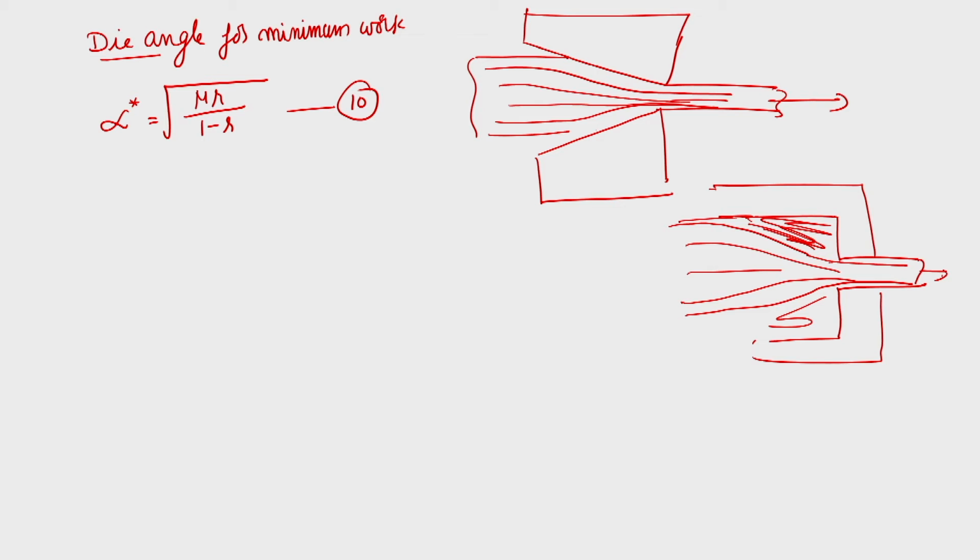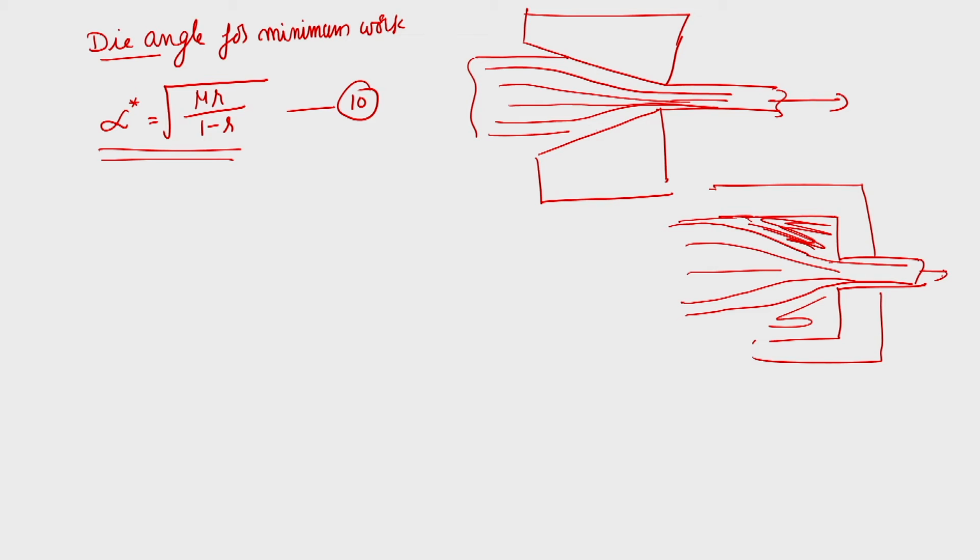It is not interested in your strength coefficient, or the constants in the Hollomon relationship. That means it is not dependent upon the deformation behavior or flow stress of the material. It completely depends upon the coefficient of friction at the die-workpiece interface and the reduction which is required. So that is one advantage of that.